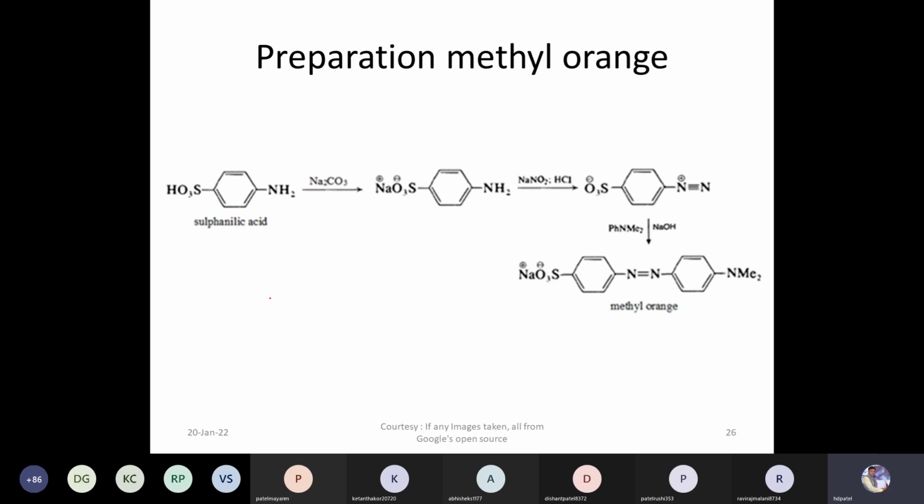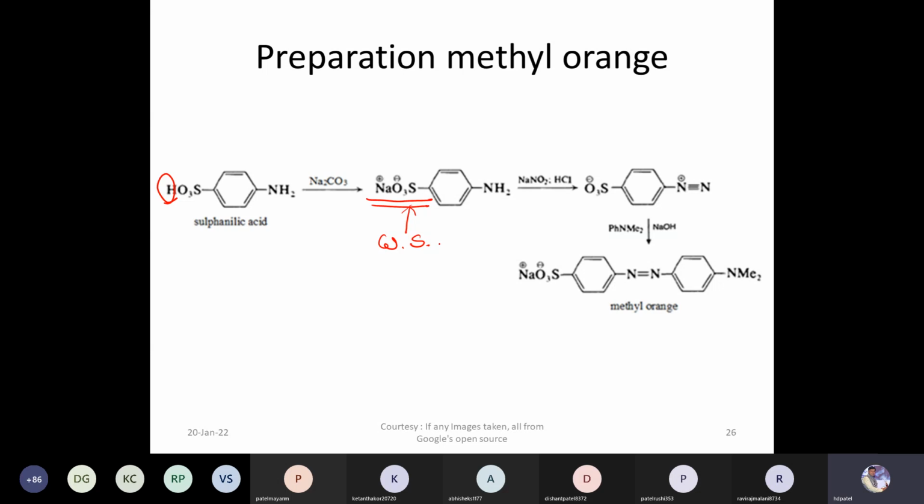If we add base, salt formation will take place and replacement of this hydrogen will take place, and as a result we will get the sodium salt of sulfanilic acid. As we know, the sodium salt of any compound is water soluble, so we will get a clear solution. If required, we can filter it. If not, we can directly go to the next step.